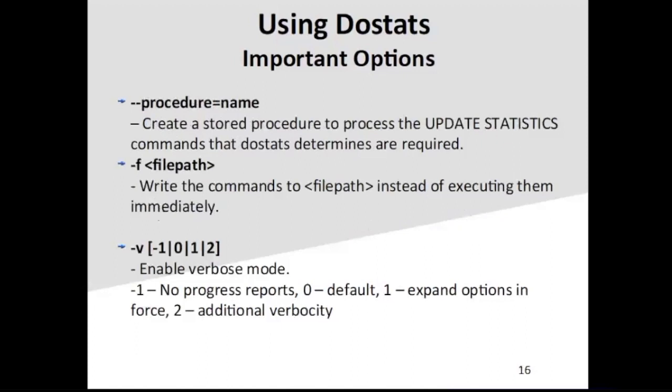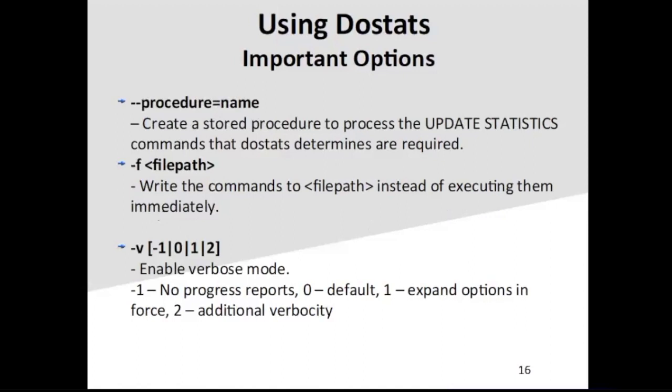Dash dash procedure. This is part of how you can automate your update statistics into the task manager in the engine. We'll talk about that a little bit later. So if you do dash dash procedure equals name, Dostats will create a stored procedure named whatever name you pass in, and will create the procedure and load all of the commands that the procedure has to execute into a table by default in the sysadmin database.